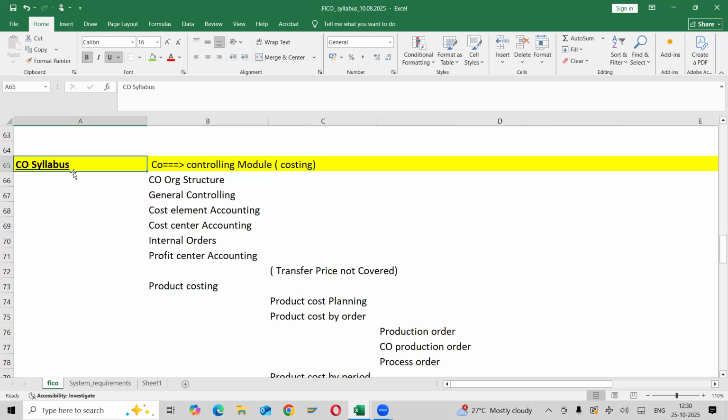So that is the reason, before starting this controlling module, I'll take CO sessions, like ICWI, whatever the controlling cost worksheets are there. We are going to do the first 15 sessions on cost accounting. That is completely academic.